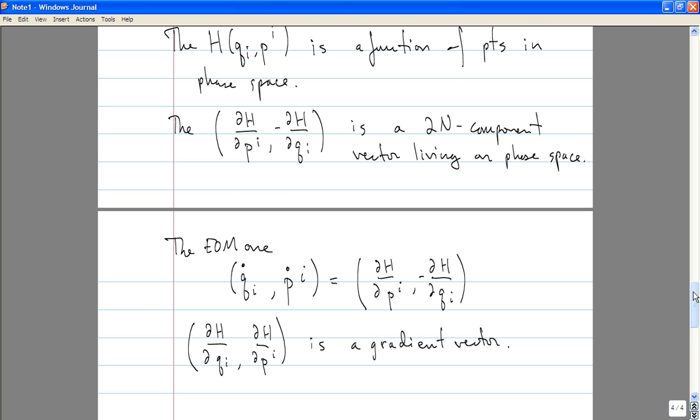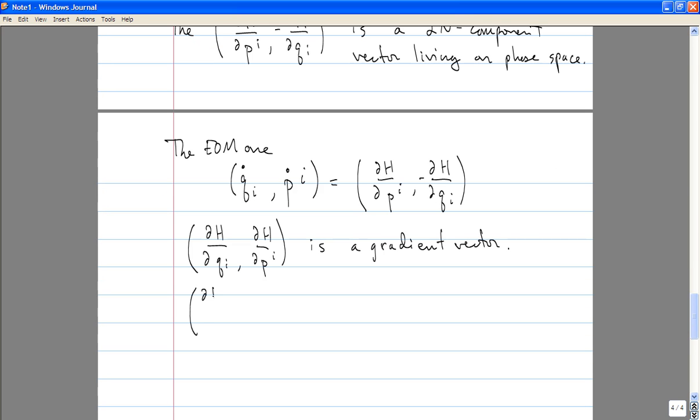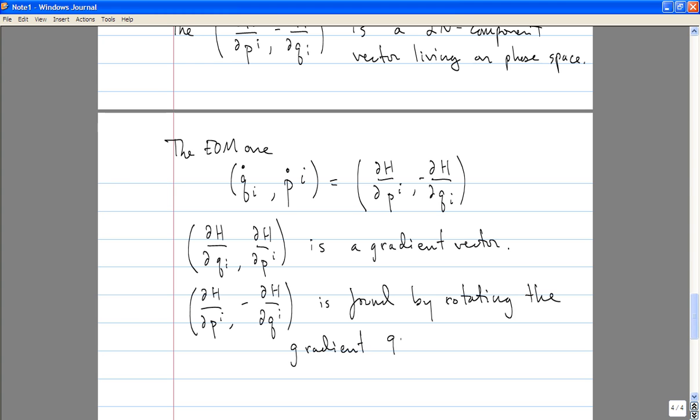And then the vector dH by dpi and minus dH by dqi is the vector that's found by switching the two components and putting a minus sign on one of them. And now, if you were just dealing with two-dimensional vectors, that procedure would just mean that you're rotating the vector by 90 degrees to the right. So that vector is found by rotating the gradient 90 degrees to the right.